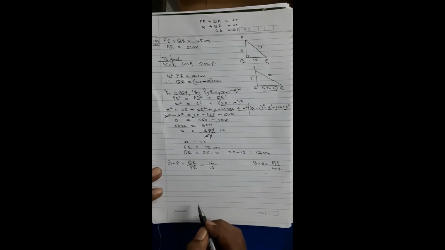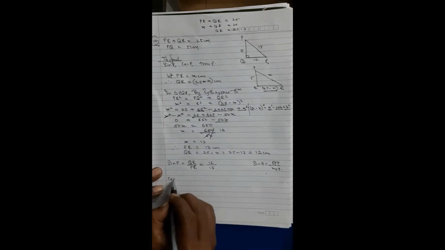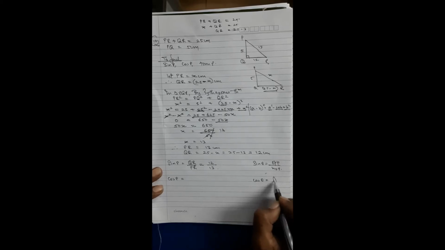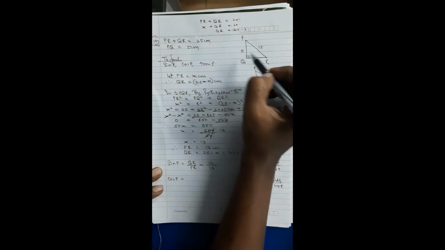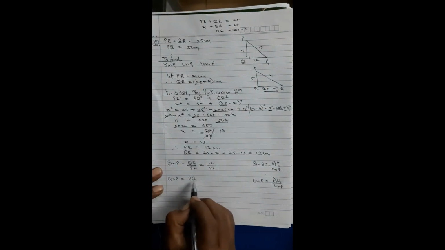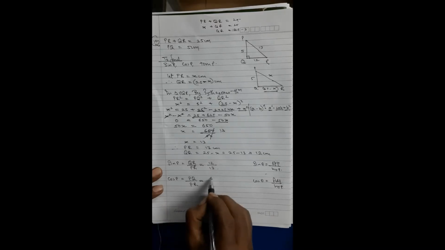That's all. Now cos P. By formula, cos theta is equal to adjacent side upon hypotenuse. So cos P, adjacent side is PQ upon hypotenuse PR. So this will become 5 upon 13.